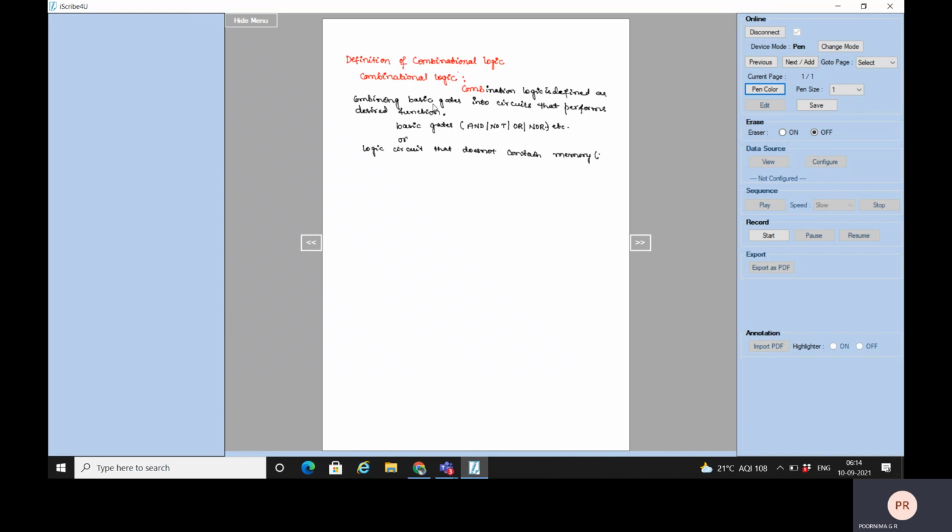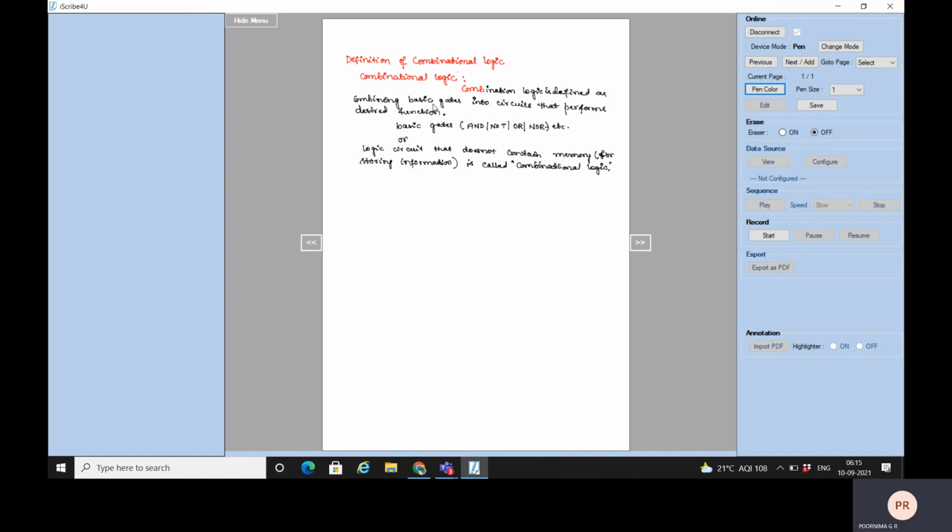So the meaning of memory is for storing information. A circuit without it is called the combinational logic. Either of the two ways we can define the combinational circuit or combinational logic.